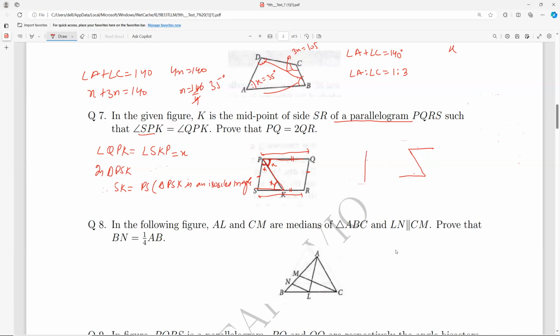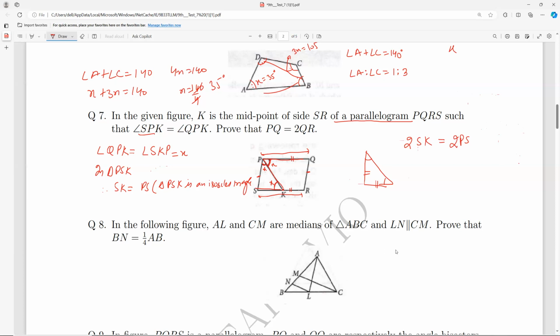If these two angles are equal, this side will be equal to this side. Now if SK is equal to PS, just concentrate here. If I multiply by 2 on both sides, I can write 2 times SK will be equal to 2 times PS.